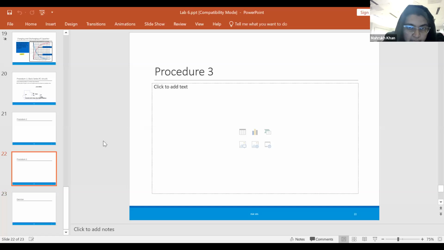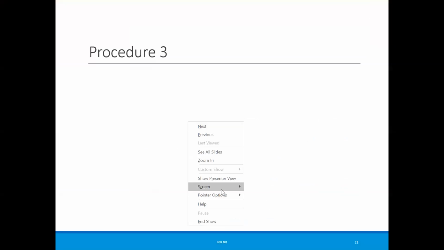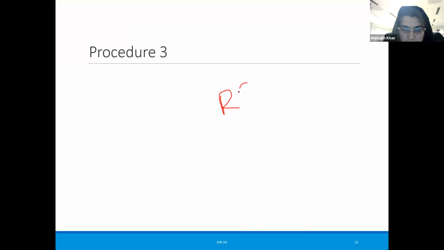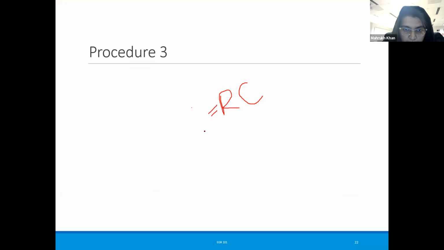So here, in procedure 4, you have to do this. You have to calculate RC, right? RC is tau. In 1 tau, in this time, the capacitor charges itself 63%, okay?